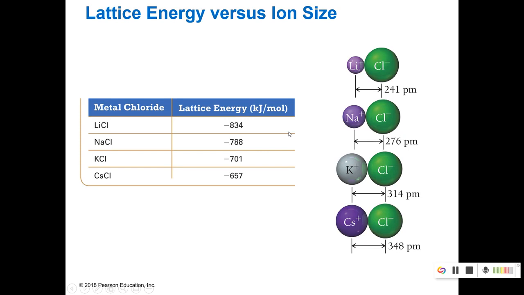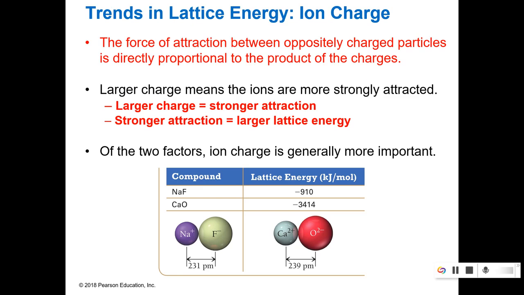Okay, so here's an image. Remember, as we go down the periodic table, atoms get larger, and they're compared with the same atom on the other side. So as you can see, as the atoms get larger, that lattice energy is getting smaller as we go down the column. And then the charge is also going to come into play.